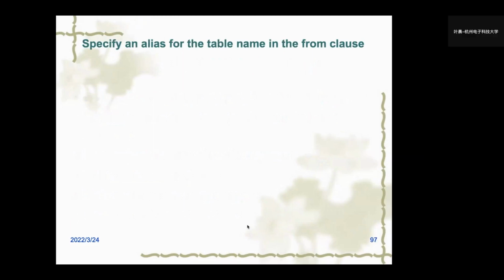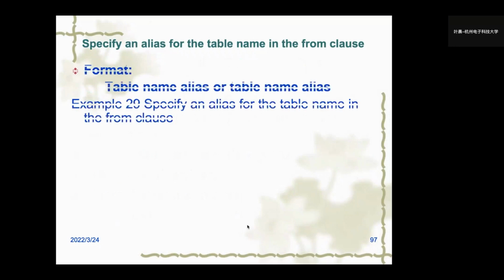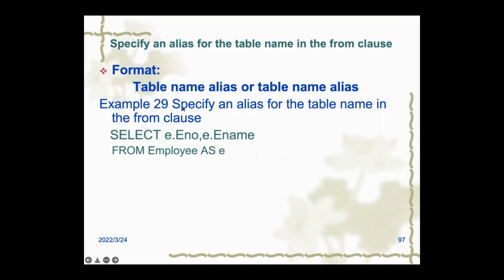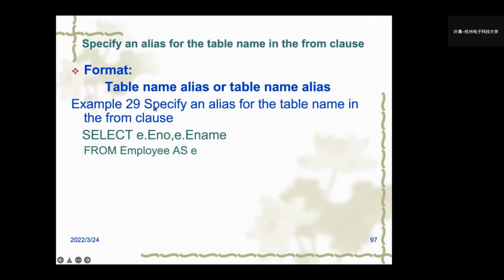First, we specify an alias for the table name in the from clause. So for multiple tables, we know which one to refer to. The format is the table name alias or table name. Let's see the example. Specify an alias for the table name in the from clause.